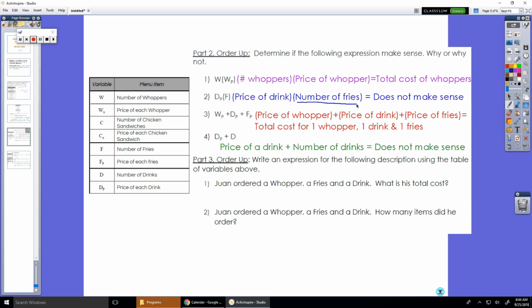Number 4 also doesn't make sense because if you take the price of a drink and add it to a number of drinks, well, you're literally adding money and just a number. So it doesn't make sense. And if this might help a little bit, if the cost for a drink is $2 and you decide to order 5 drinks, you end up with a number 7, but it doesn't make sense.